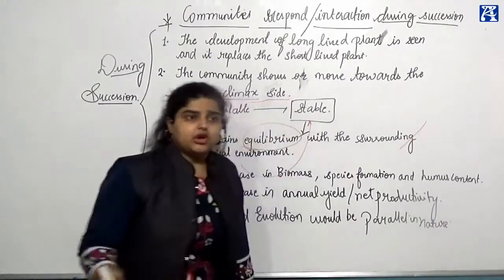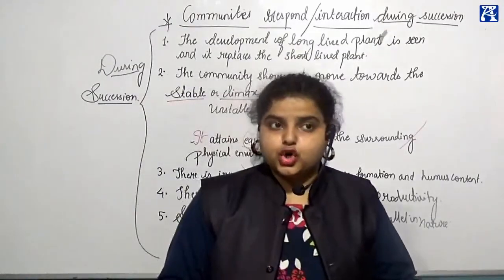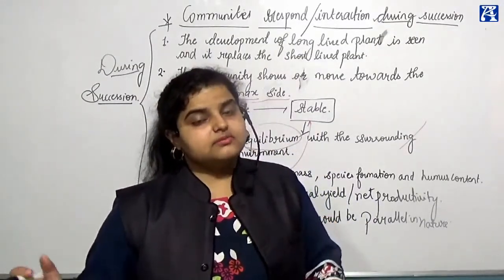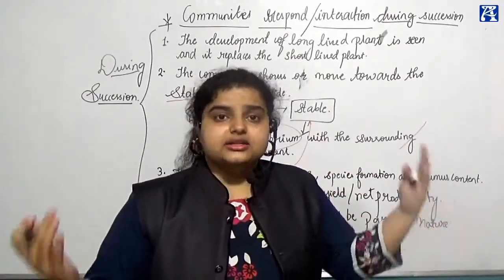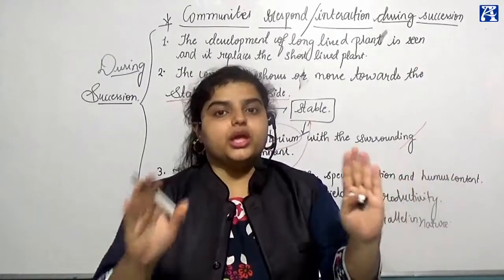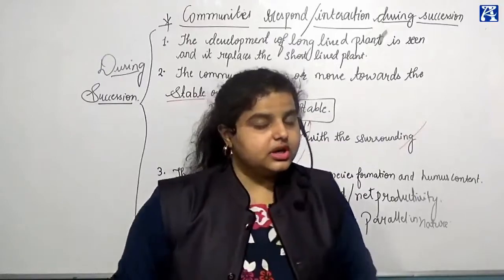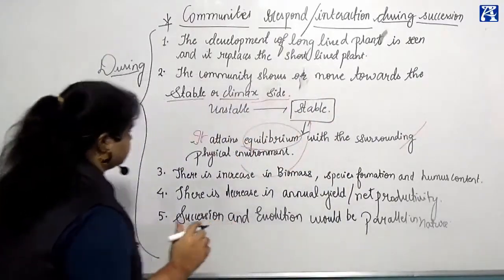In succession, plants evolve, organisms evolve, there is a proper growth of the ecosystem, there is a proper successive land. That's why it is said evolution and succession go in a parallel way. These two things are very parallel. Clear that these are the pointers.